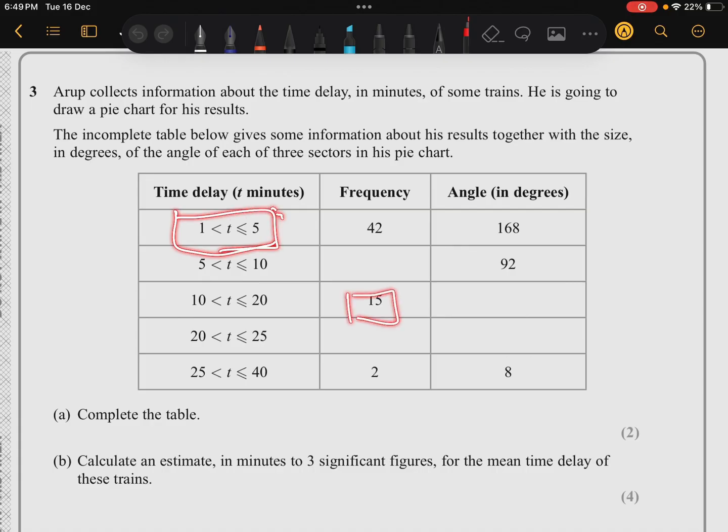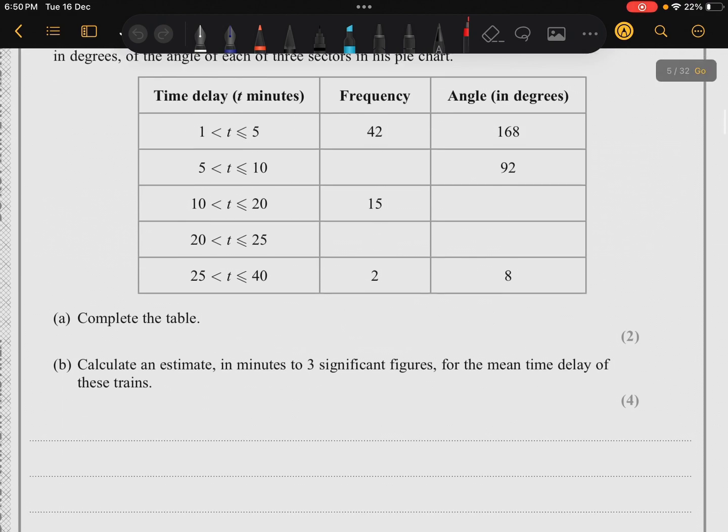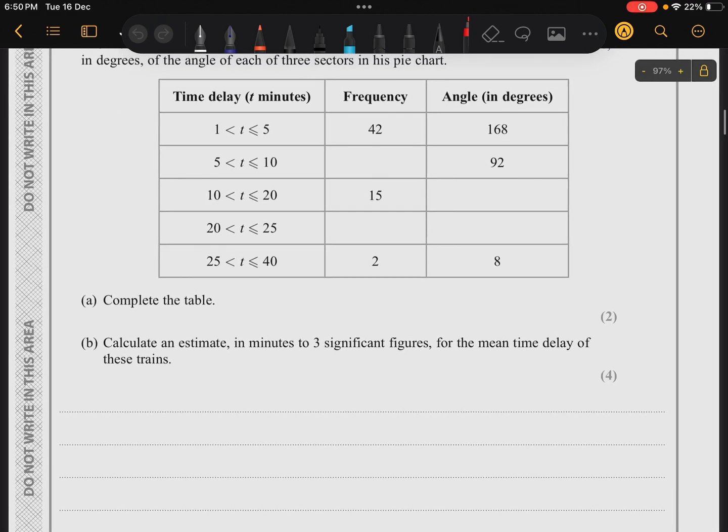But for these classes, we either have angle or we have frequency, but we don't have both of them. So it would be difficult to take both variables and find out the observed frequency and the angle at the same time. So we're going to use such a class where both the frequency and angle is present. As I said, he is representing the frequency as a proportion in terms of angles.